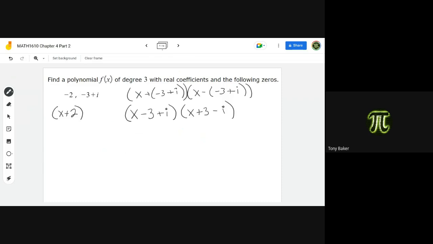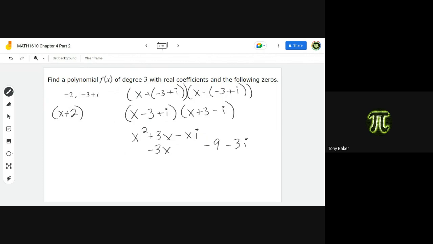Process still stays the same. You just have to do more. So x times x, x squared, x times 3, 3x, x times negative I, negative xi, negative 3 times x is negative 3x. Negative 3 times 3 is negative 9. Negative 3 times I is negative 3i.